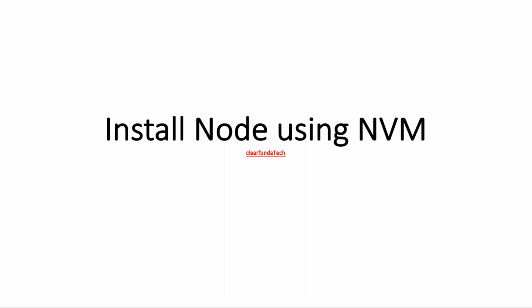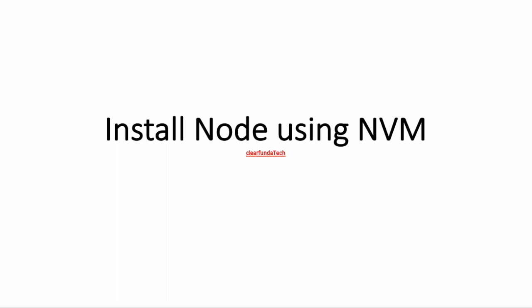But why do we need this? I will give you one example. Let's say you are working in two different projects where we need two different node versions. Let's say in one project you need 12.0.0 and in another project you need 14.0.0, because depending upon the application we need different Node.js versions. Let's say you are working in one project where you need 12.